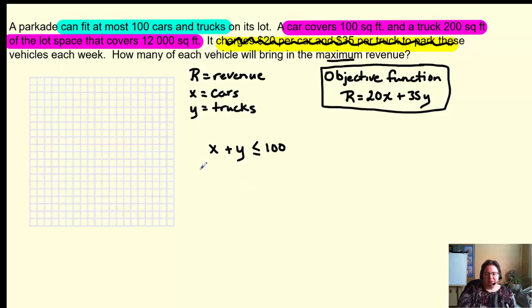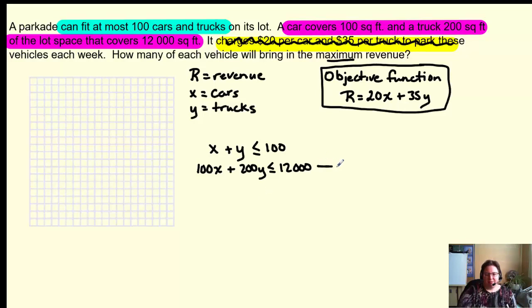Then I've got to do an equation for the pink section, and it's about square footage. So 100 for every car plus 200 for every truck, and 12,000 is my total, but I'm not going to be equal to my total. I have to be less than or equal to that total.